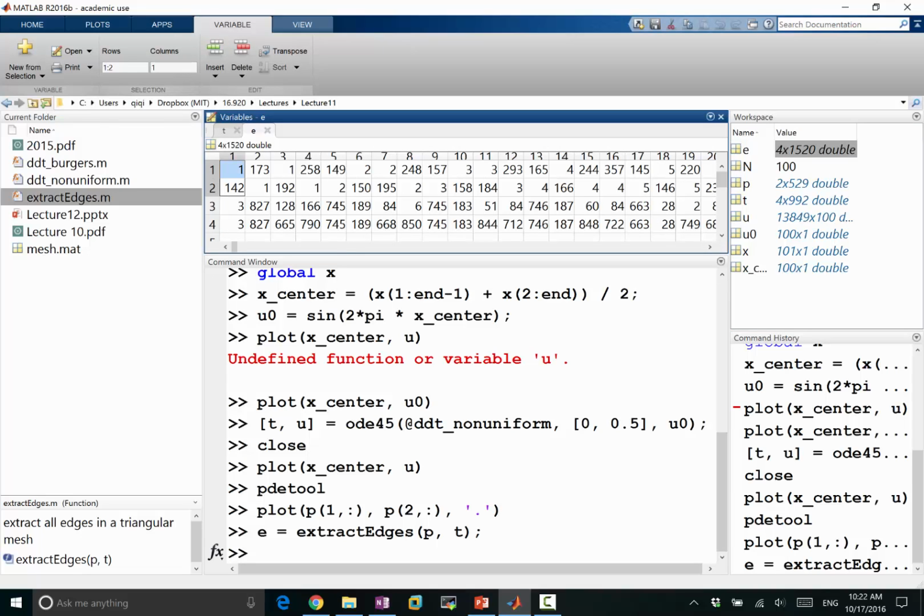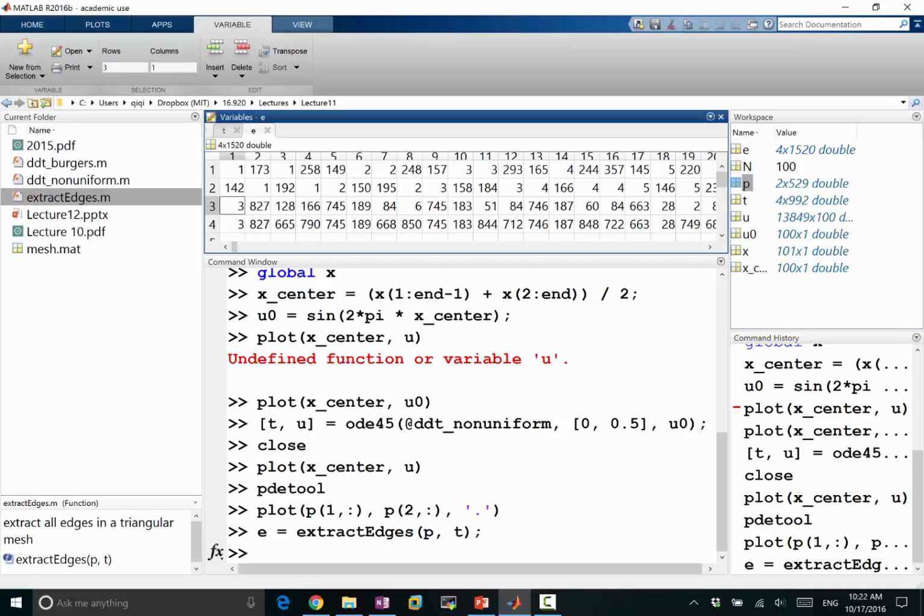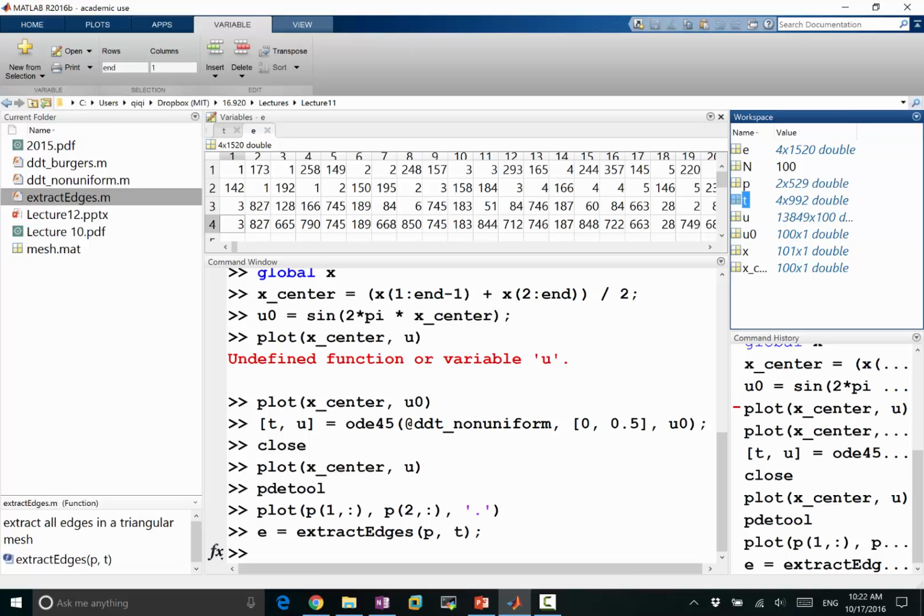The first 2 rows are indices corresponding to the array P, meaning which 2 points this edge connects. The 3rd and 4th rows are indices in the array T, meaning which 2 triangles this edge separates.